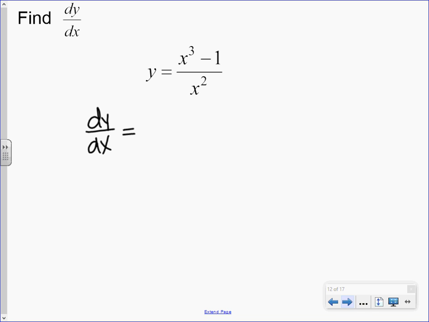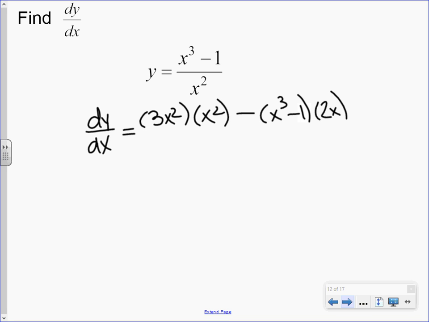All right, so dy dx. We have the derivative of our numerator. What is it? 3x squared times our denominator, subtract our numerator times the derivative of the denominator, all over our denominator squared.